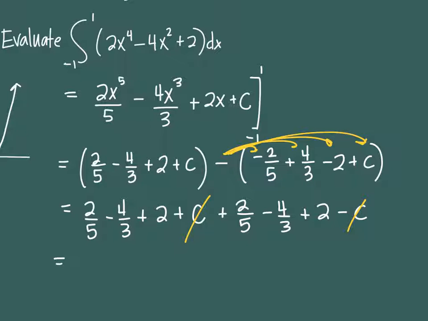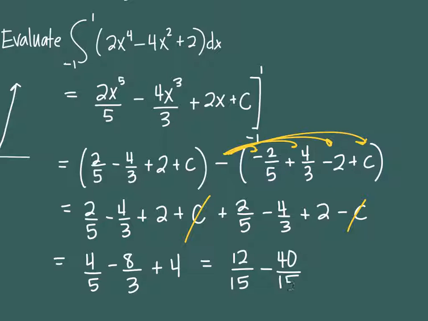So you add up the common terms. So you have 2/5 and another 2/5, which is 4/5, and a negative 4/3 and another negative 4/3, so negative 8/3, and then 2 and 2 is 4. So you'll want to get a common denominator to add all of that together, which would be 15. So we'll have 12 over 15 minus 40 over 15 plus 60 over 15.